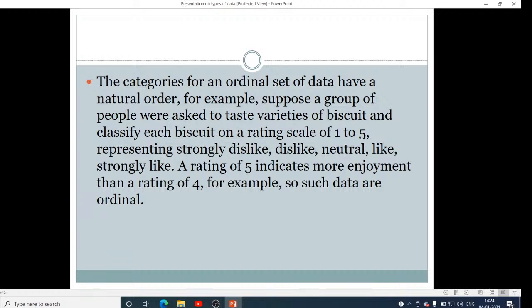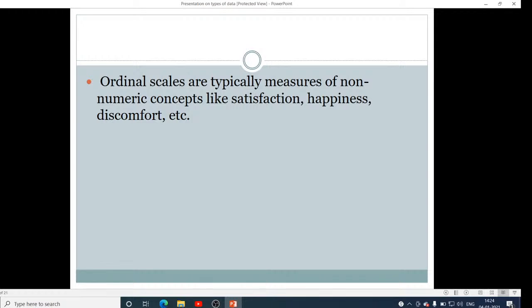Ordinal scales are typically measures of non-numeric concepts like satisfaction, happiness, discomfort. If the data contains these types of satisfaction and happiness, then we simply call it ordinal data.